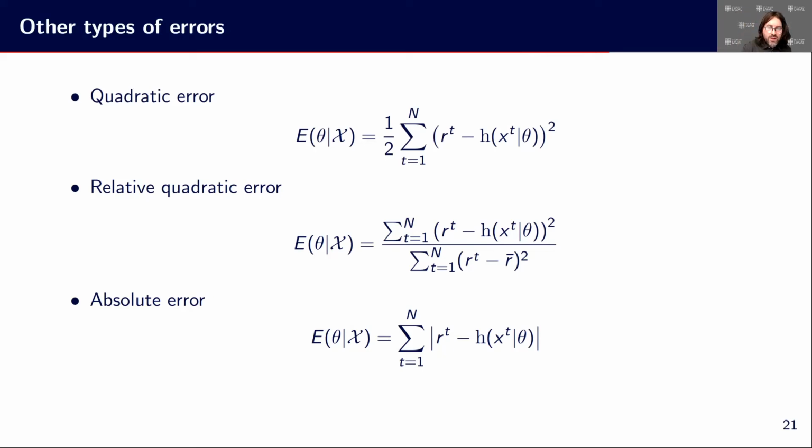With the absolute error, if we have a difference that is twice as big for a given xt versus rt, it will count only twice as much. We will not give more weight to errors that are higher. Higher errors have higher importance, but simply not more.